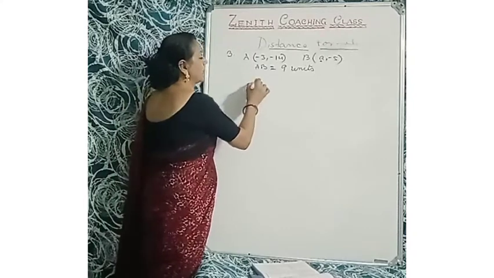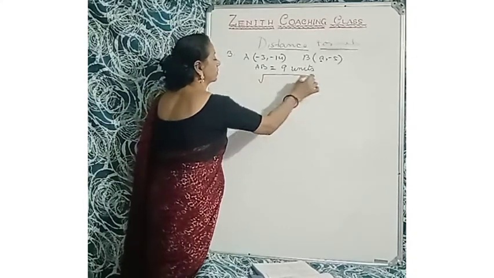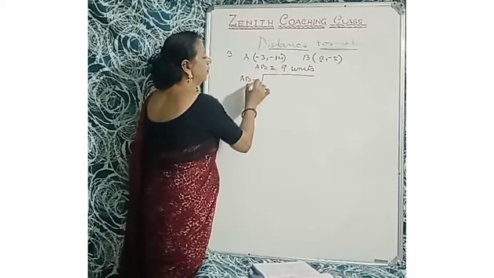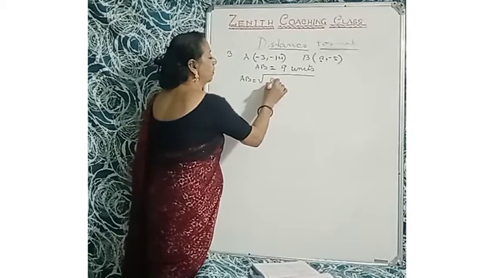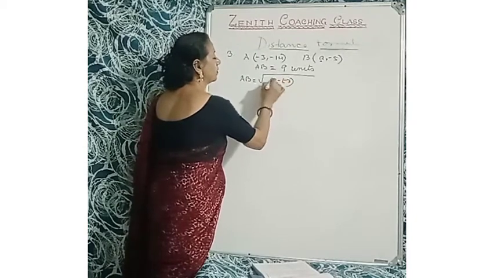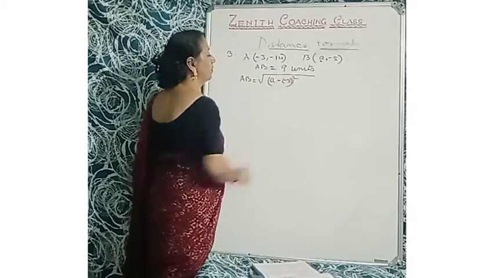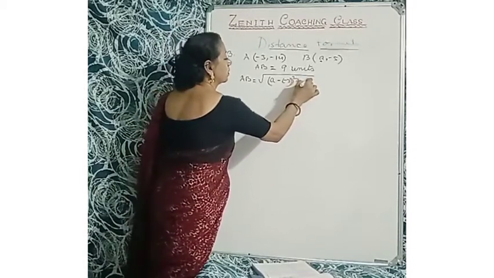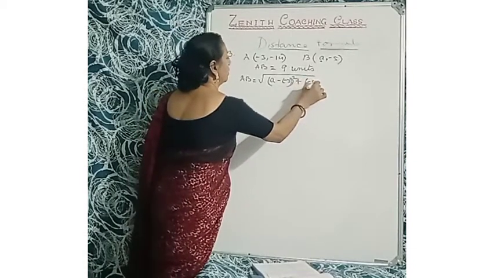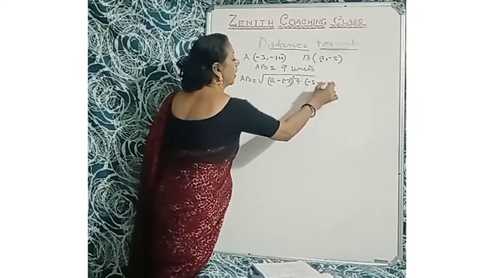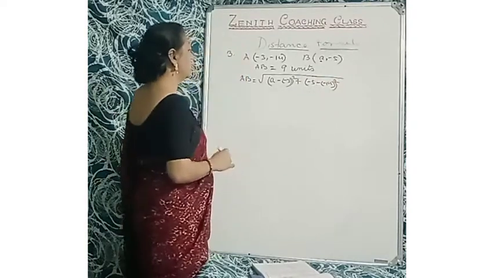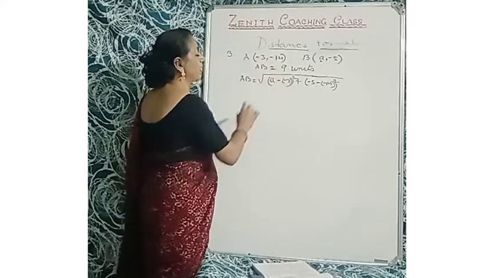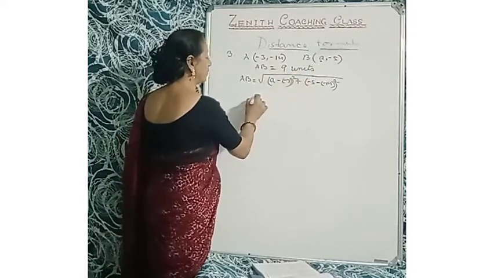So distance AB equals the square root of (x2 minus x1), so (a minus minus 3) whole square, plus (y2 minus y1) whole square. So (a minus minus 3) whole square plus (minus 5 minus minus 14) whole square.